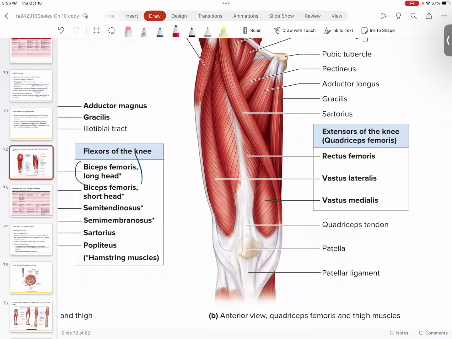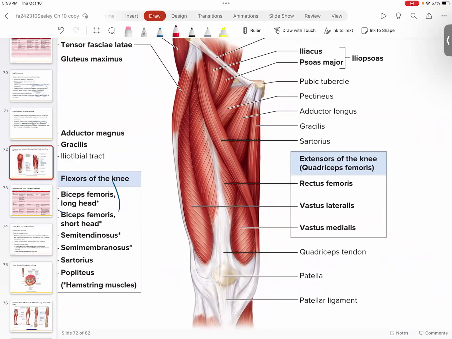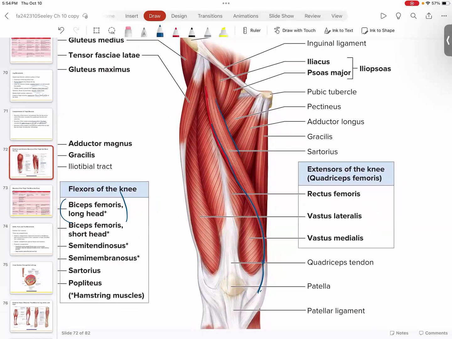Now, when we flip it over to the quad group, this is kind of what it looks like, right? So this is basically going to be extensors of the knee. So here you can see the sartorius, which basically wraps over the quad group here. And so it connects to the knee, that is the medial side of the knee. And so on the quad group, you can see a vastus medialis on the inside, vastus lateralis on the outside, and then you have rectus femoris right down the middle.